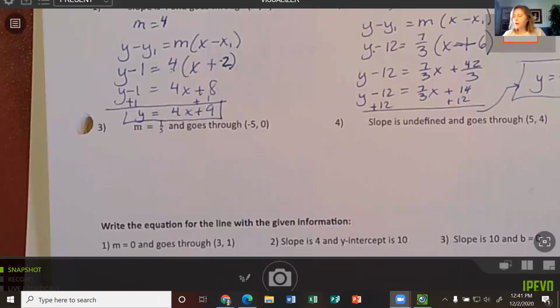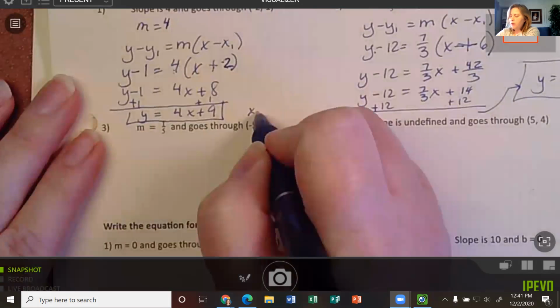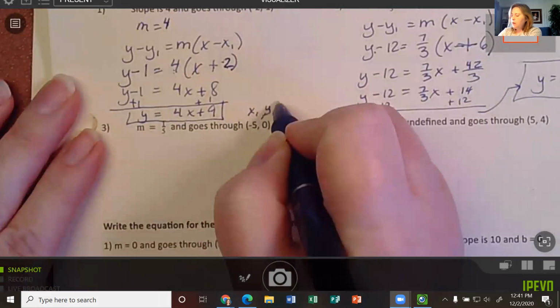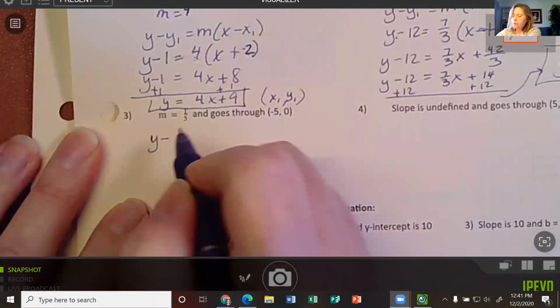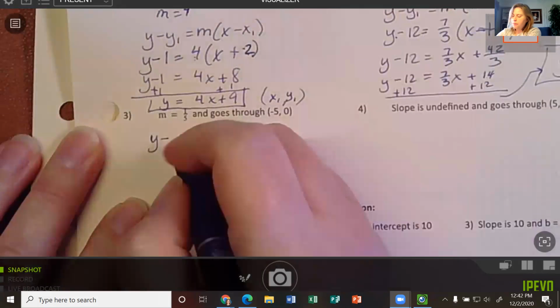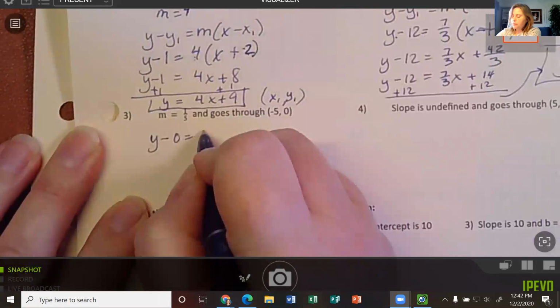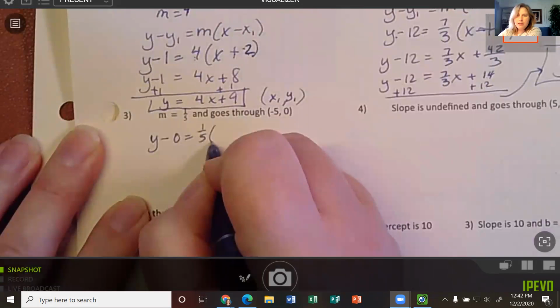Okay, next we have m equals 1/5, and the line goes through the point -5, 0. So remember, this is our given point, x sub 1, y sub 1. So y minus 0 equals m, which is 1/5, times the quantity x minus -5.